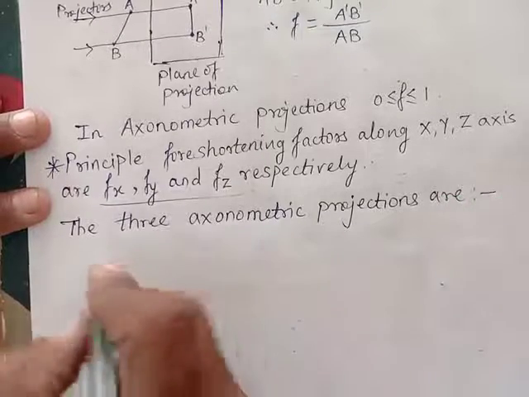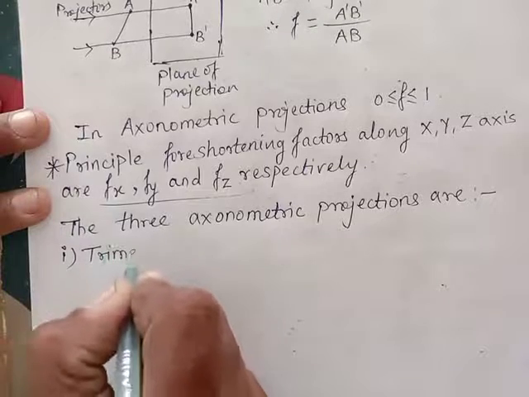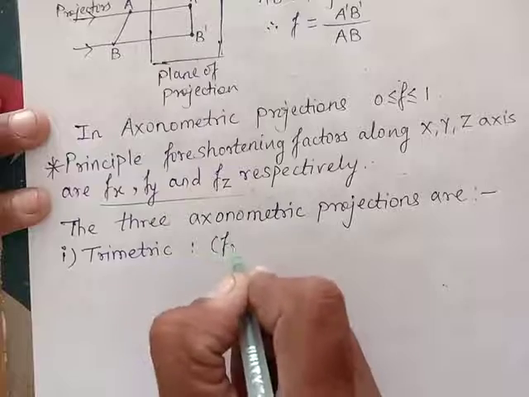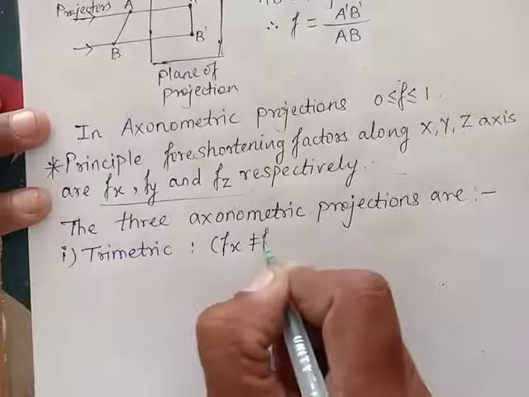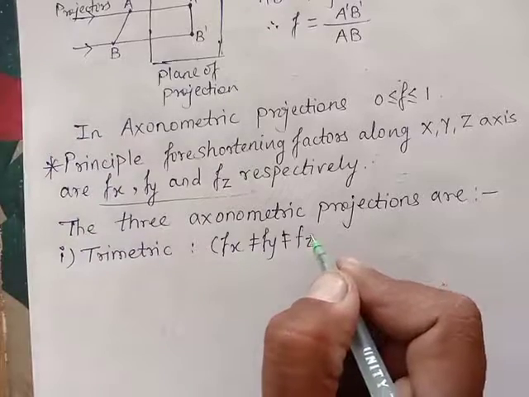First, trimetric: Fx not equal to Fy not equal to Fz, all are different.